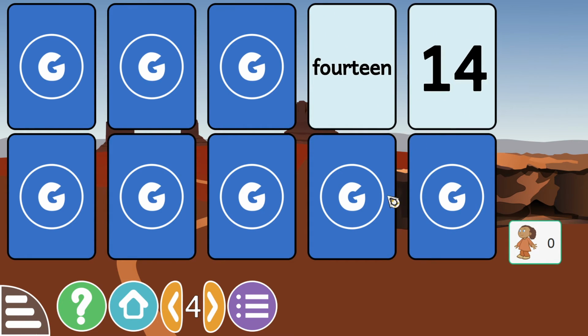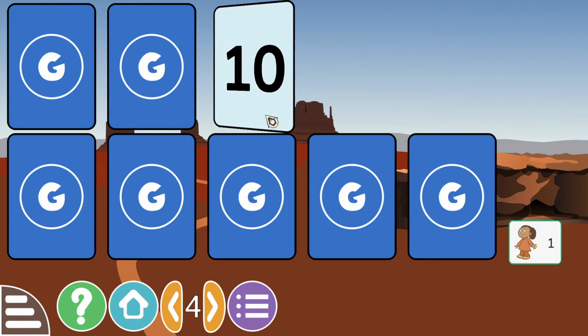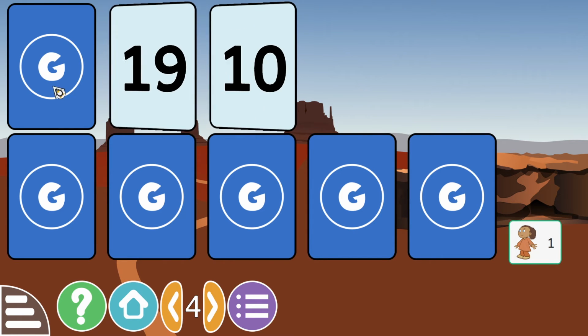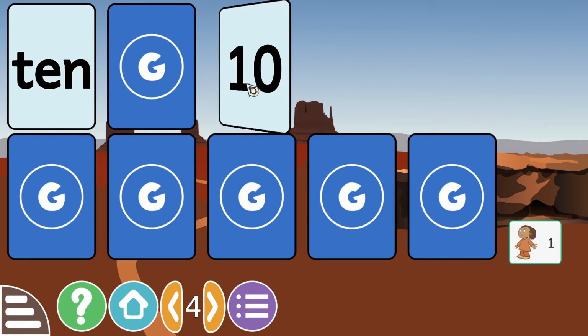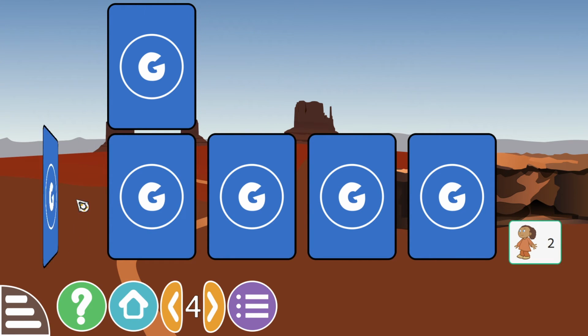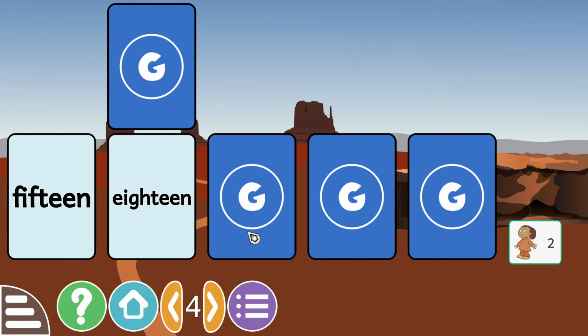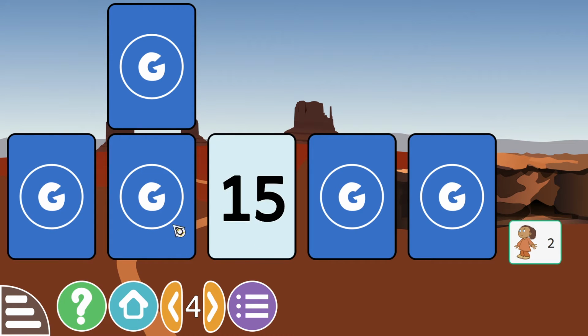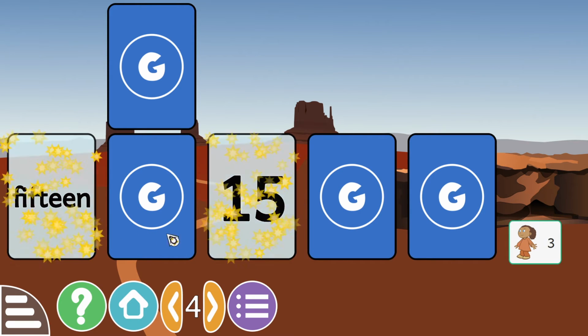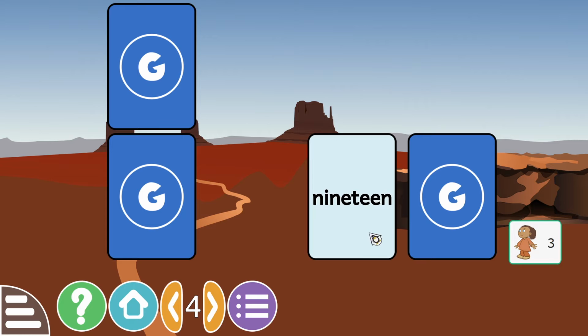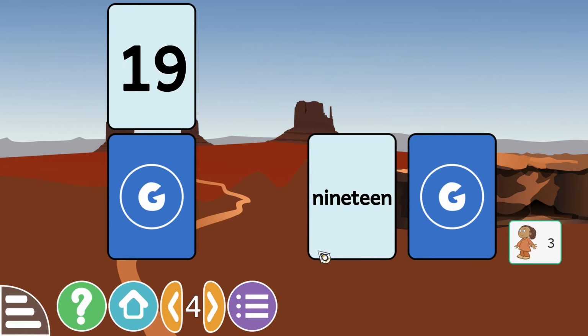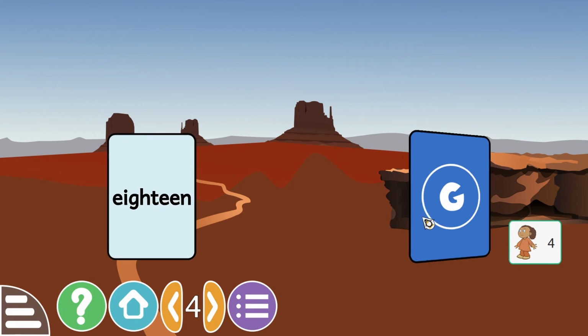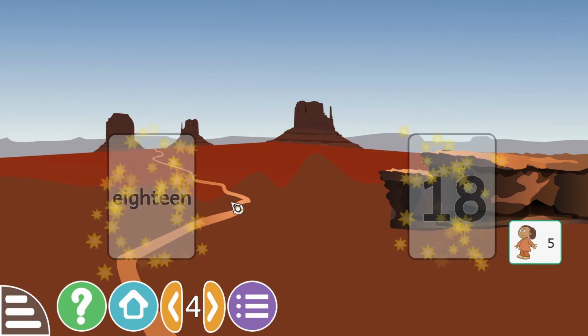So 14 and 14. 10, 19. Let's match the 2 10s up. 15 and 18. It's 2 15s. 19s. And 18s.